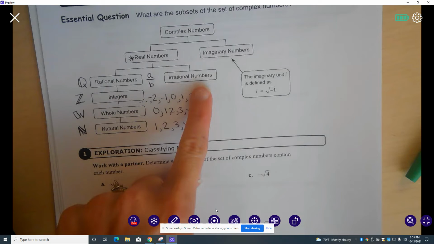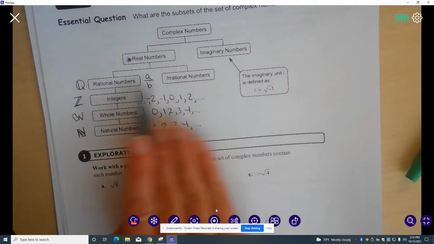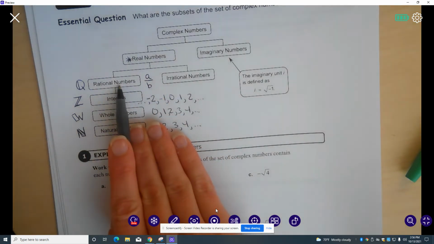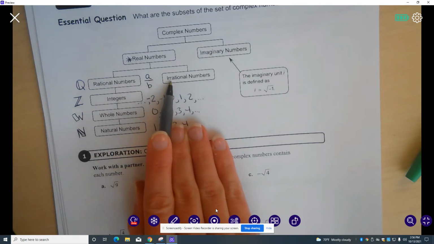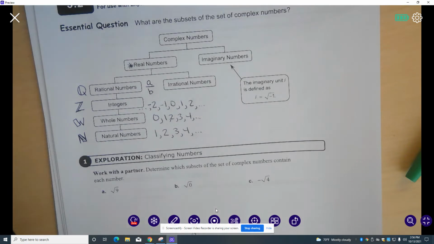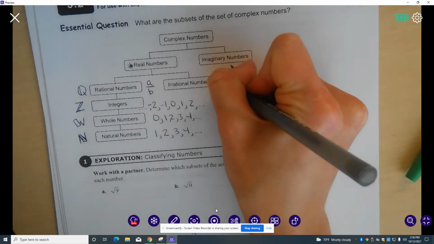Now, we've also talked about in past math classes irrational numbers, and those are different than rational numbers. If rational numbers can be written as a fraction, the opposite of that, irrational numbers, are numbers that cannot be written as a fraction. So you've seen numbers like, for example, the square root of 2.